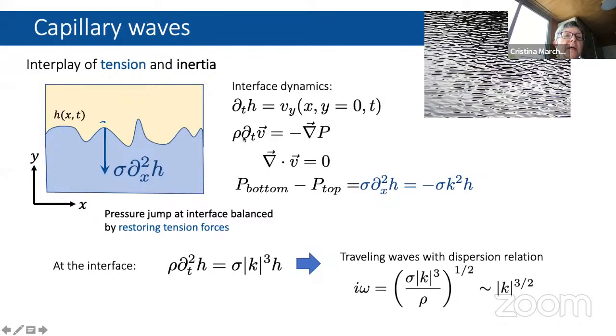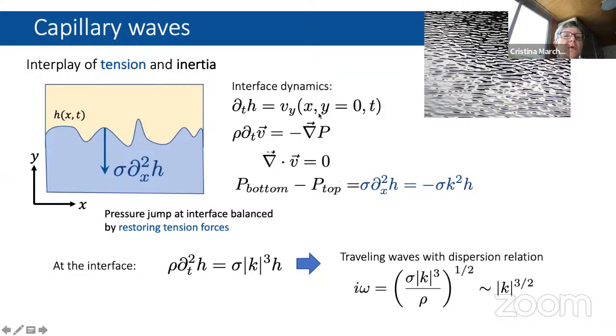And then you write the Navier-Stokes equation for the velocity, say, of the bottom fluid. Here I've only kept inertia and pressure gradients, because this is just a passive thermal fluid. I could include viscosity, but I'm just trying to make it as simple as possible. You have incompressibility, and of course there is a pressure jump at the interface, which is determined by the tension forces associated with interface fluctuations.